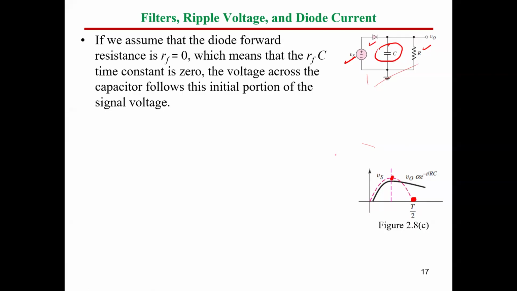During the positive half cycle, if this diode is turned on, what will happen is, if this capacitor is not charged in the beginning, it has 0 volt at first, no charges on the capacitor.